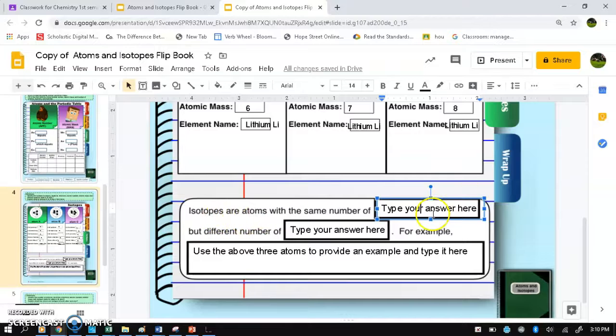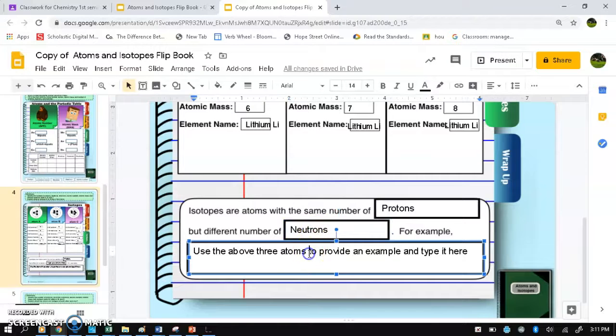Isotope atoms have the same number of protons, but different amount of neutrons.